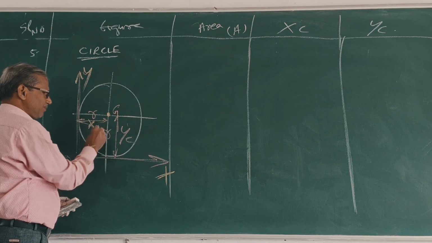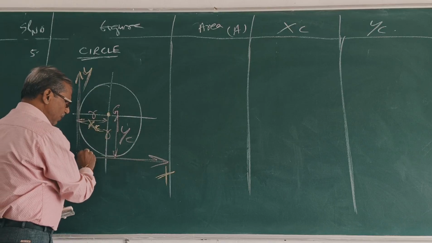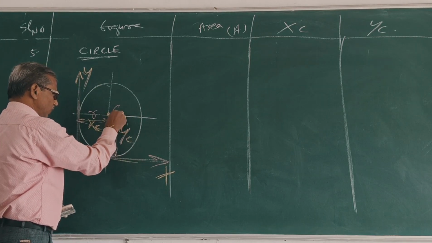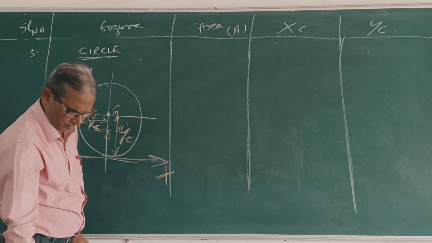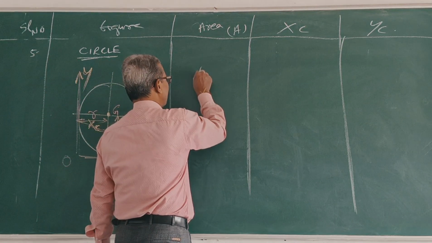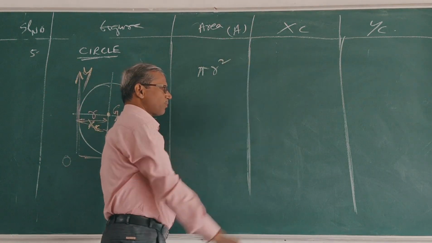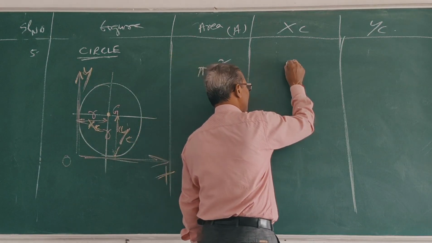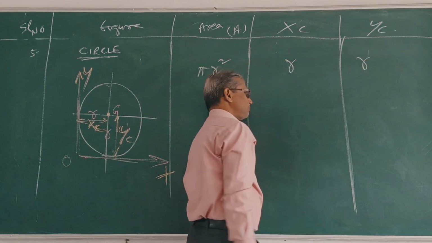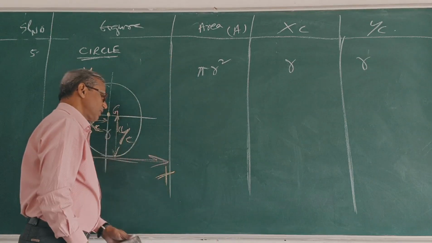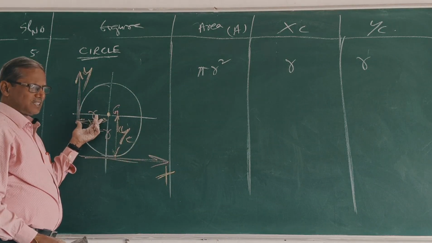The distance of CG from the x axis is yc. Clear? So what is the area? Pi r square. What is xc? R. What is yc? R. Area is pi r square.